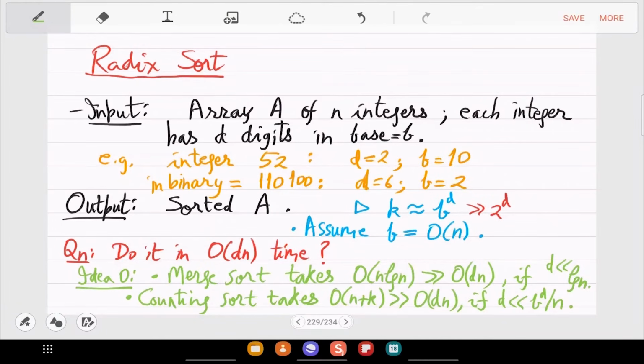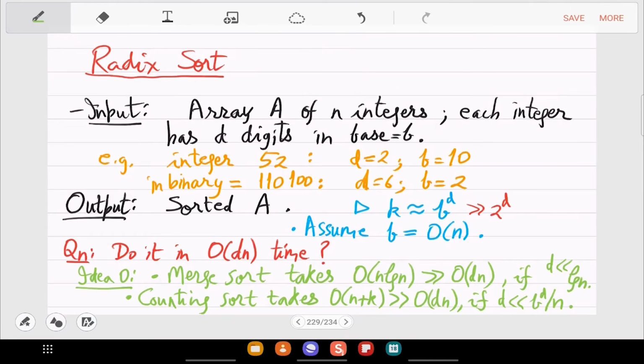K is around b to the d, and b to the d is growing exponentially with d. So counting sort is very slow. Okay, so these solutions don't work. Any questions?